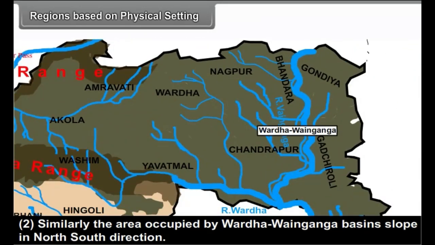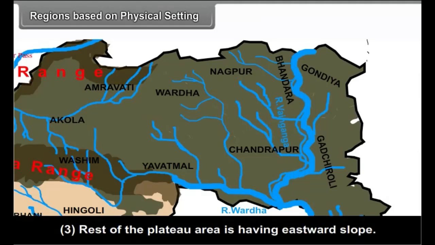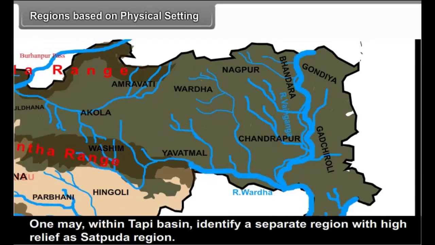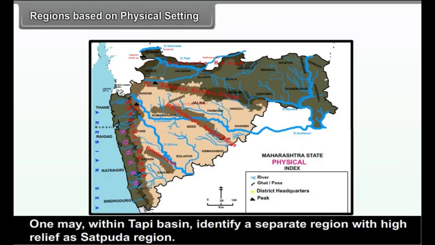Similarly, the area occupied by the Wardha-Wainganga basins slopes in north-south direction. Number 3. The rest of the plateau area has an eastward slope. Within the Tapi basin, we identify a separate region with high relief, the Satpura region.